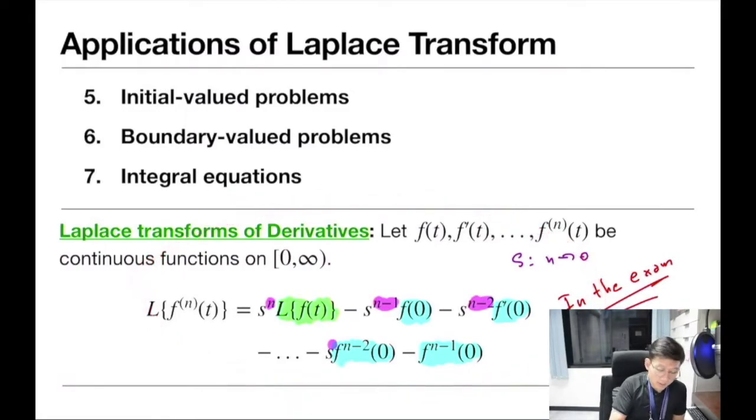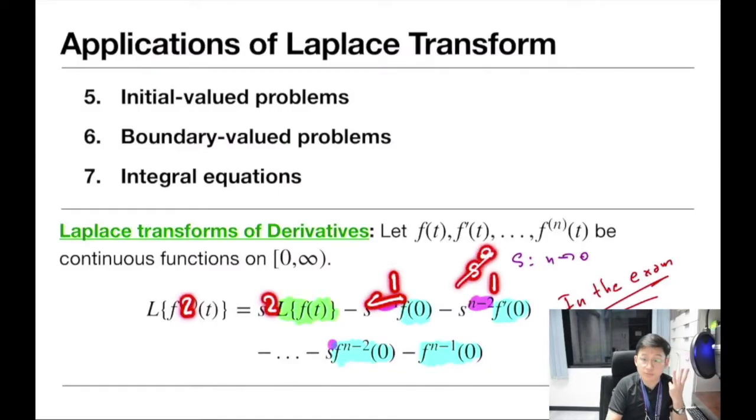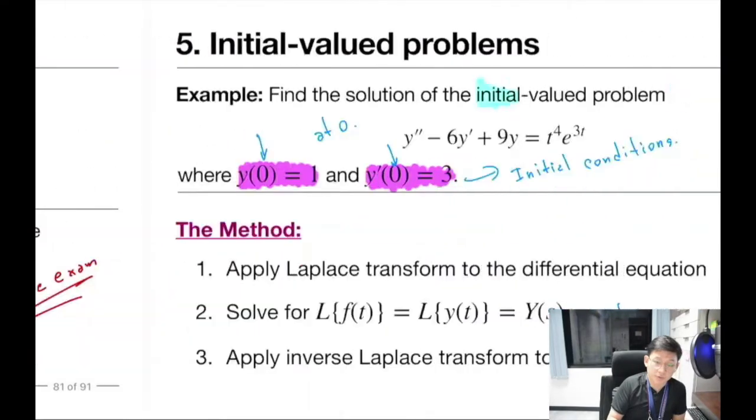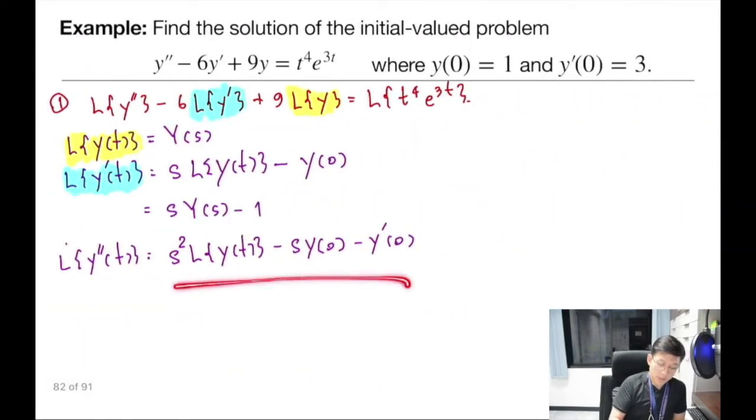When n is 2, we get s to the 2, s to the 1, and s to the 0. We get 3 terms, right? Then it's s squared times the Laplace transform minus s f(0) minus s to the 0 f prime(0). That's what we get here.